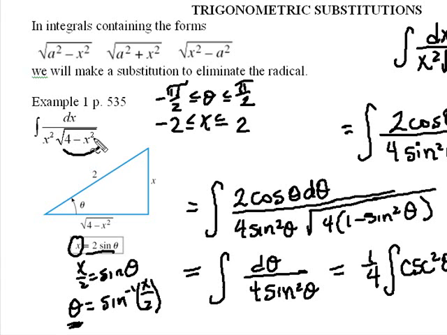X cannot be 0, and it can't actually equal 2 or negative 2. But in any case, all of the values for x that we would need are covered. They all are in this interval. So now let's look at a list of restrictions and which substitutions we use for which expression. This list is table 8.4.1 in your Anton textbook.